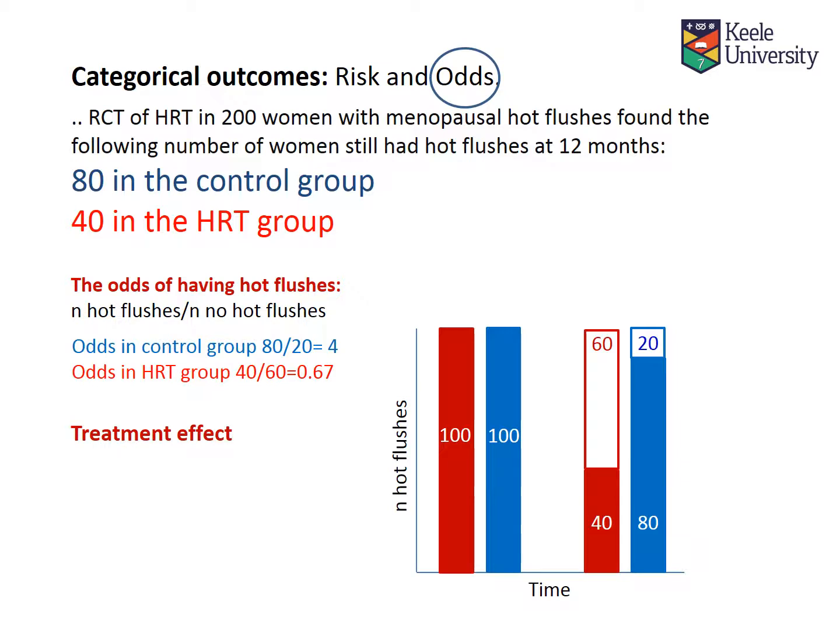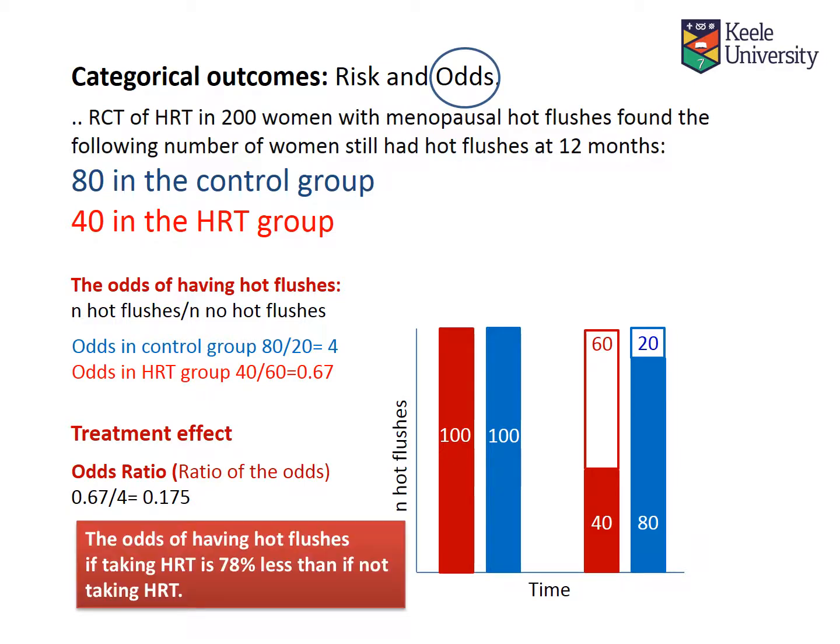Now, how do we calculate the difference between these two, the treatment effect or the size of it? By calculating the odds ratio, which is the ratio of the odds. So that just makes sense. It's the division between the two. 0.67, your odds of having hot flushes in the HRT divided by your odds of having hot flushes in the control group, and you get an odds ratio of 0.175.